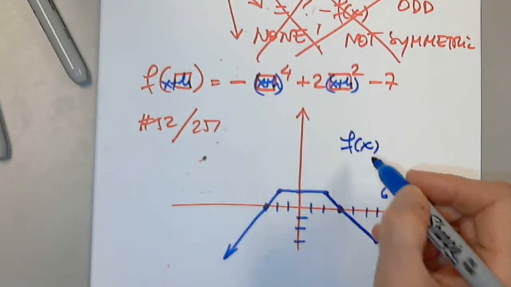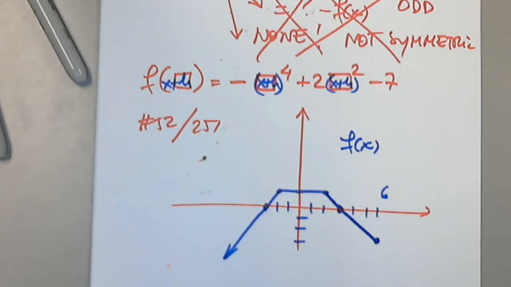So this is our f of x. By the way, is it a function? I already said it's f of x. Is it a function? By the vertical line test, it's a function. Very good. Perfect.